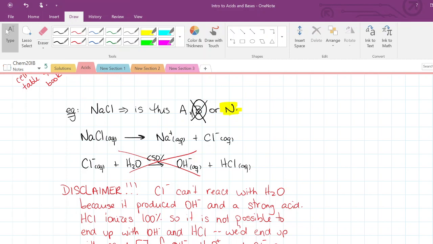So any of those anions above the gray line, the conjugate base anions, Cl minus, NO3 minus, SO4 2 minus, any of those 6 above the gray line, those cannot undergo hydrolysis, because if they do, they'll produce a hydroxide and a strong acid, which cannot happen.